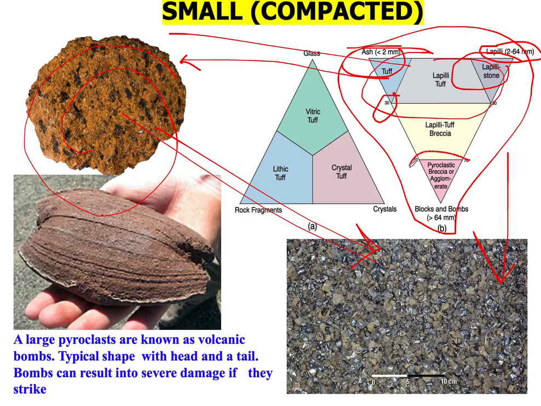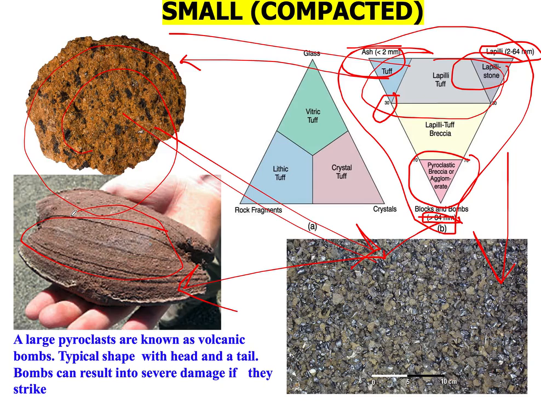And when the bigger chunks of this pyroclast are extruded, greater than 64 millimeters in size, they form blocks and bombs. And they are very harmful. If you're standing there, there is no chance that you can survive, because these are, like the name itself, blocks and bombs.